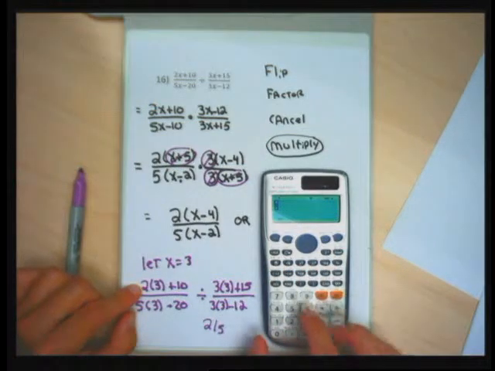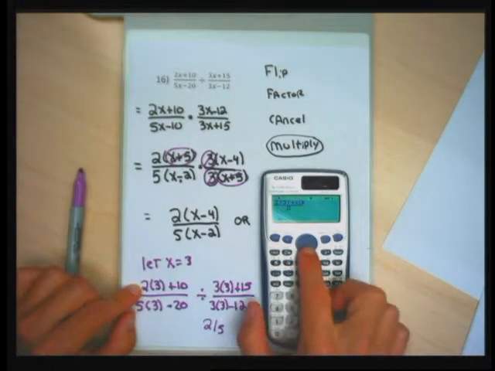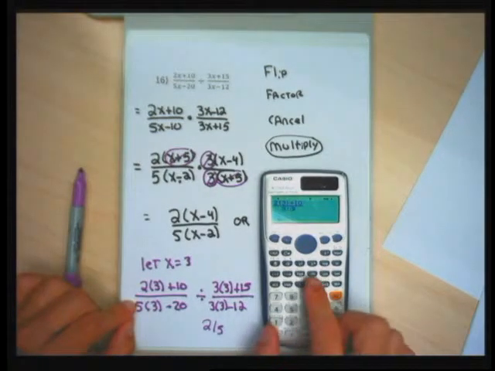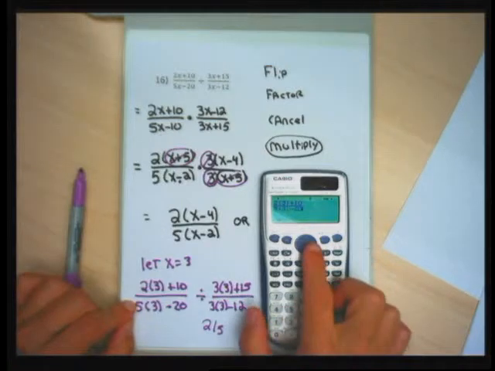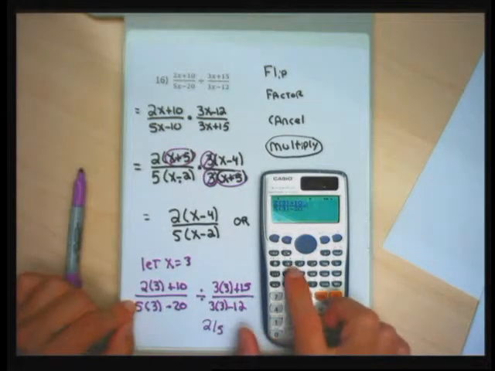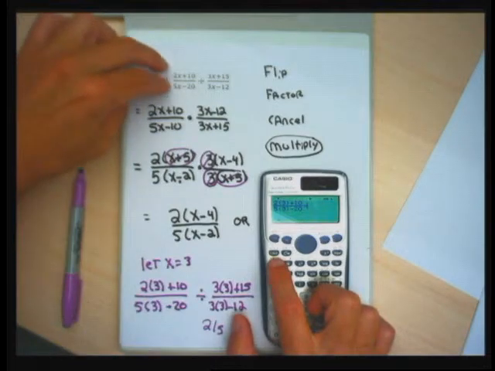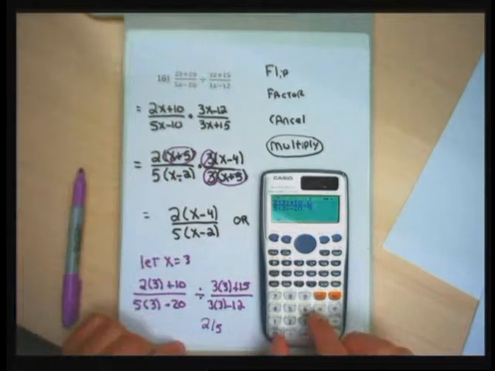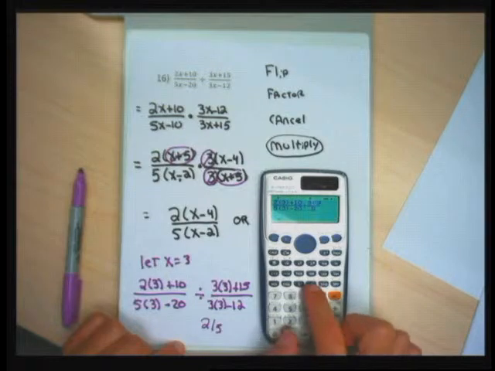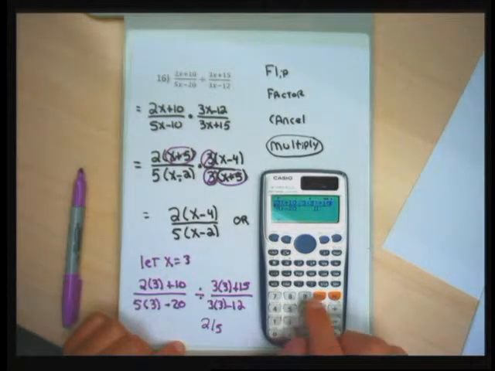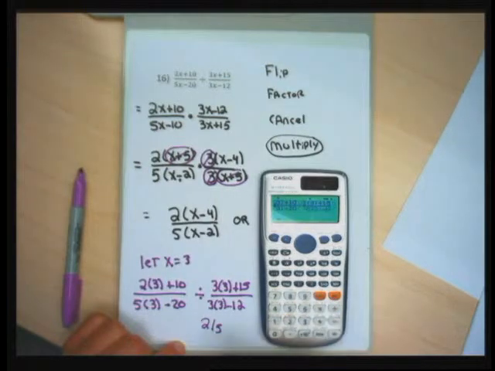So fraction 2 parentheses 3 plus 10 over 5 parentheses 3 minus 20 divided by, so that part looks good, divided by fraction 3 parentheses 3 plus 15 over 3 parentheses 3 minus 12. I really want to see a negative 2/5.